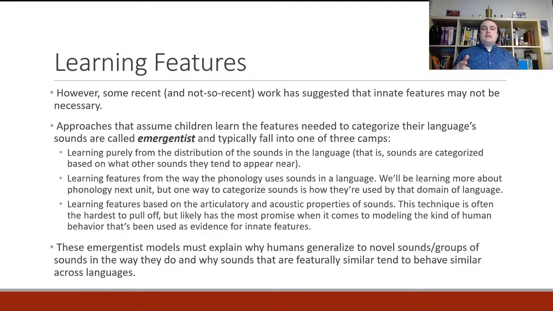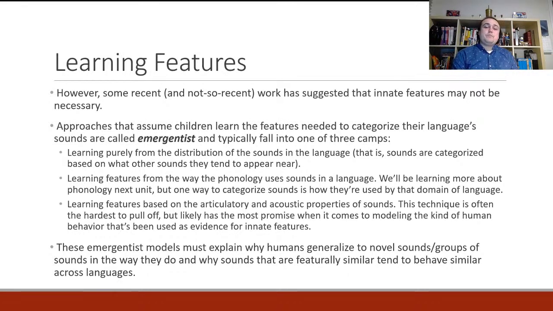And then the last camp here, this is actually the camp that your reading assignment falls in, is learning features based on the articulatory and acoustic properties of sounds. This technique is often the hardest to pull off because you've got to make lots of careful measurements, right? You've got to know all about what the acoustics of a language's sounds are and what the articulations made in a language's sounds are. And we just saw how those are hard to measure in the earlier slides.